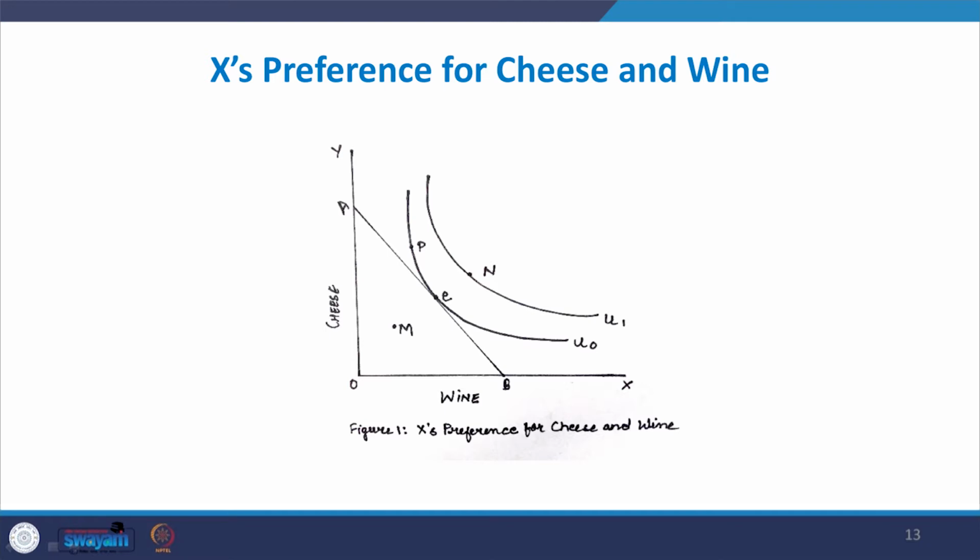So, any point on the AB line is called a feasible solution. Under the given budget constraints, consumer X can purchase any bundle of cheese and wine if it is on the AB line or below the AB line in the triangle OAB.